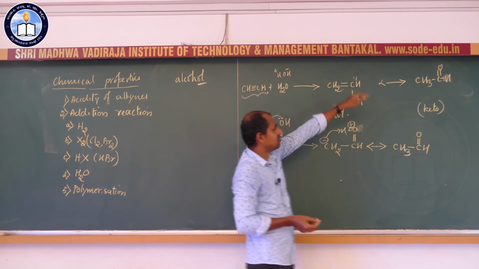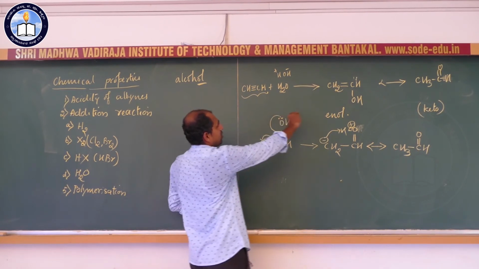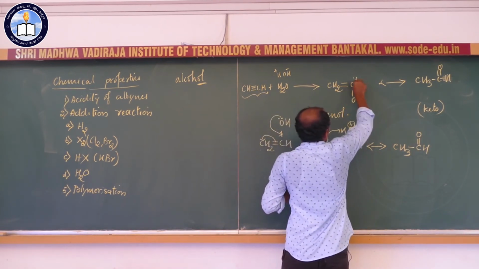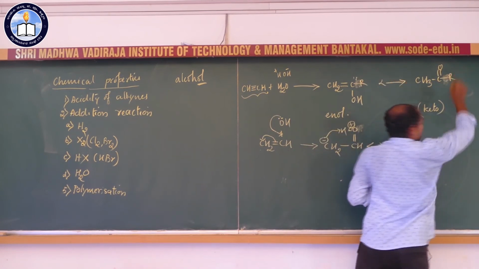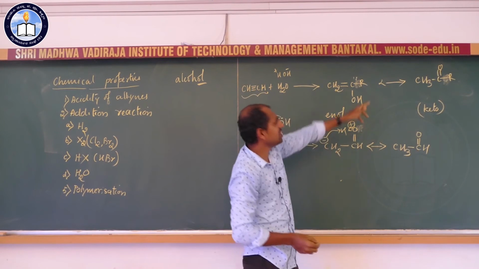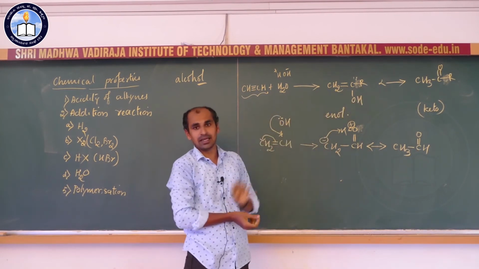Generally, in tautomerism, it is called the keto group. Why keto group? Because if you have any substituent over this carbon, then it is a keto molecule. Therefore, in general, it is called the keto group. It may be a keto or an aldehyde group.